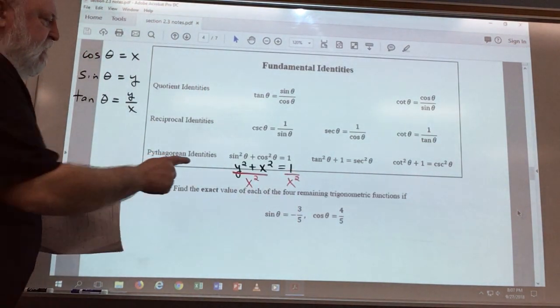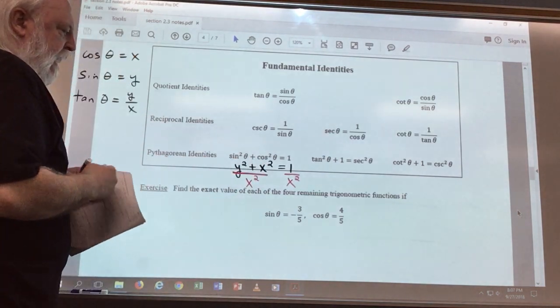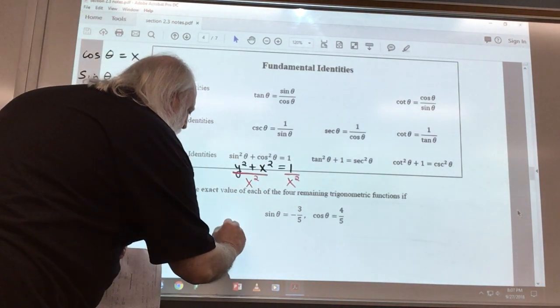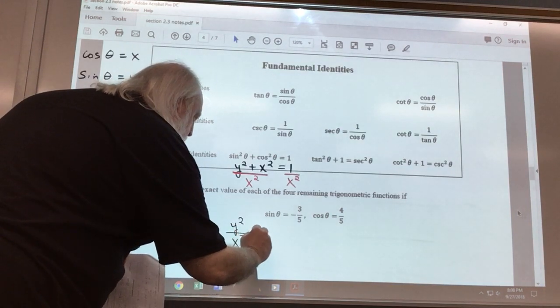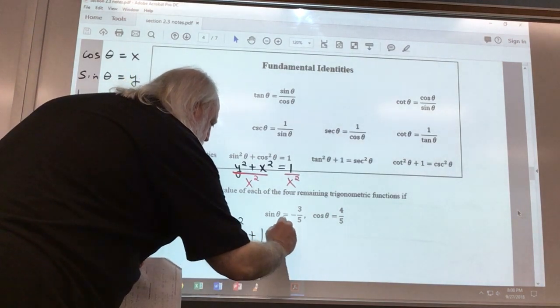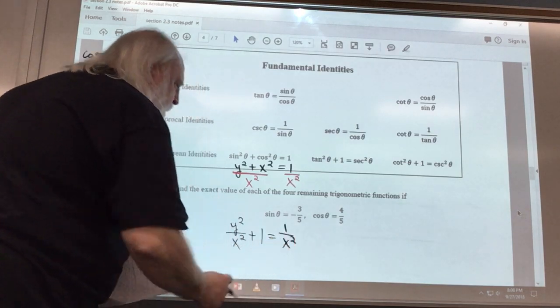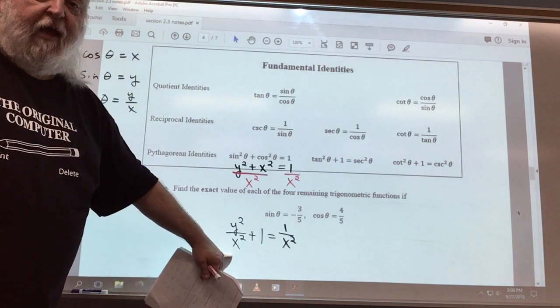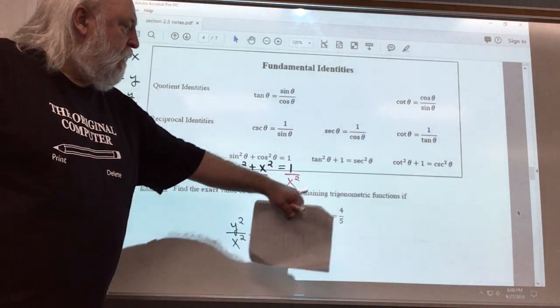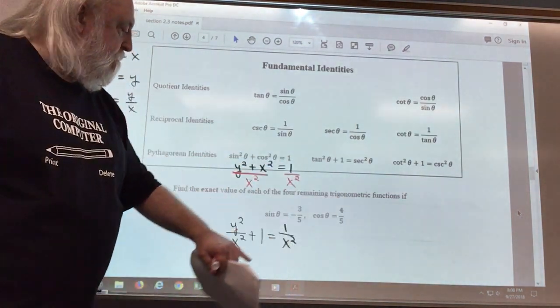When I divide each of these terms in the numerator by x squared, I end up with y squared over x squared plus 1 is equal to 1 over x squared. Well, y squared over x squared is y over x quantity squared. That's equal to tangent squared.